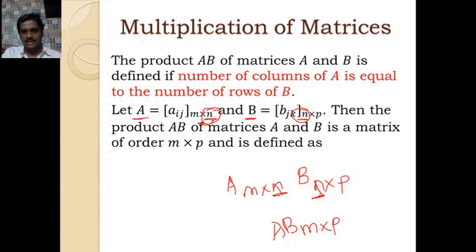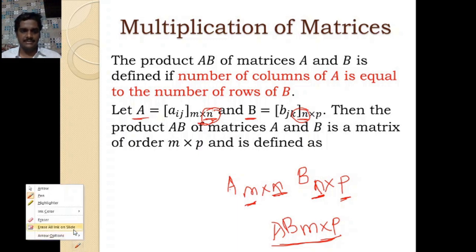This n and this n will get cancelled. There will be m rows and p columns in the product AB. So this was about the order of the product AB. Let's see how the product is defined.